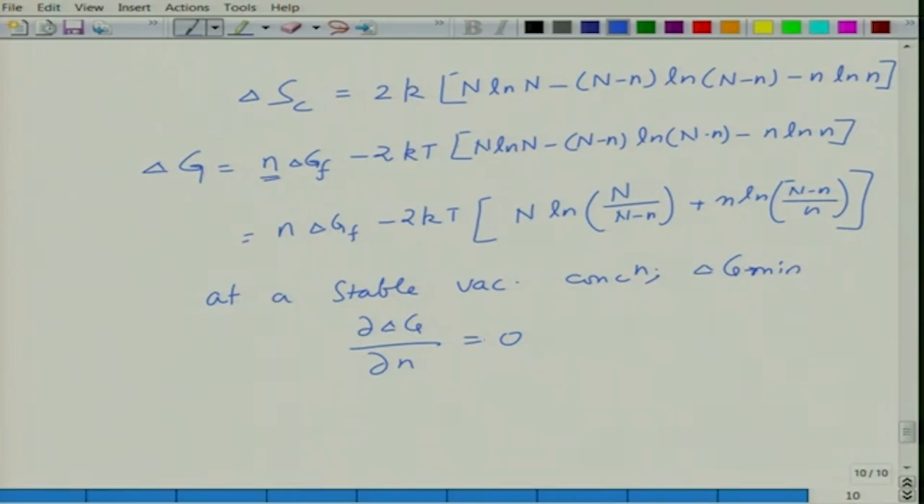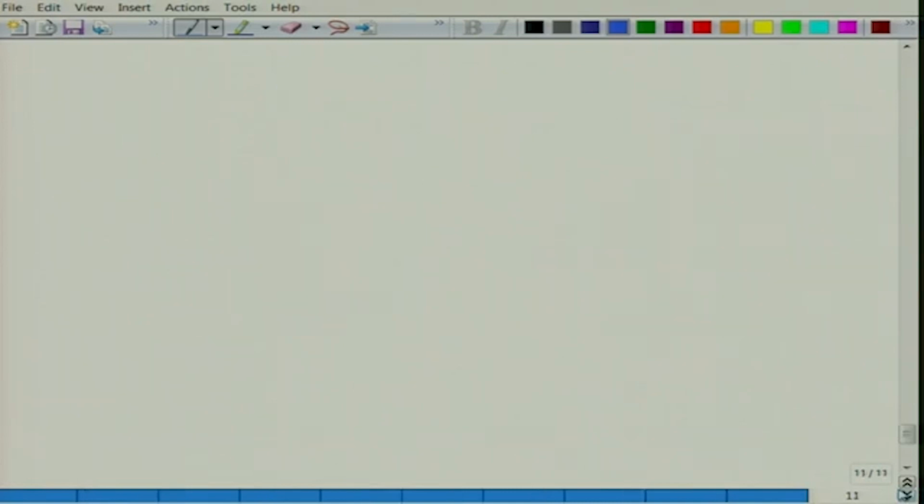We must get some solution at that point, and we also assume capital N minus small n is almost equal to N, because small n is very small, of the order of ppm or even lower.